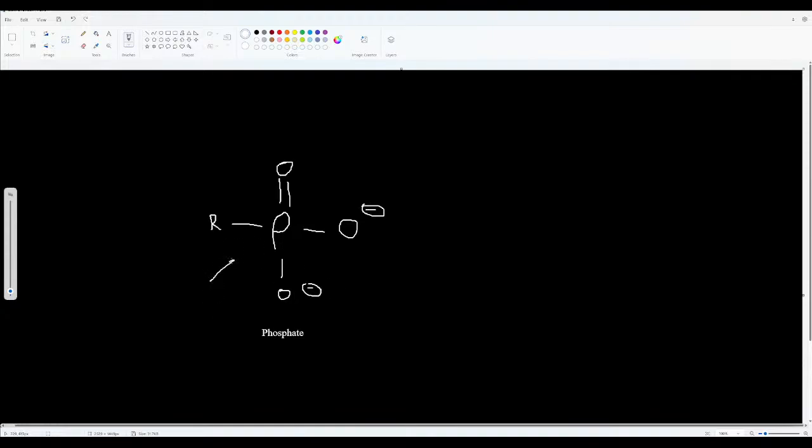Well, phosphorus can actually make 5 bonds, despite only having 5 valence electrons, when normally something like nitrogen, just one element up, can make only 3. So what is going on? Well, that's a more chemistry-related question. Just rest in the fact that this phosphorus can indeed make 5 bonds. It is very unique in that sense.